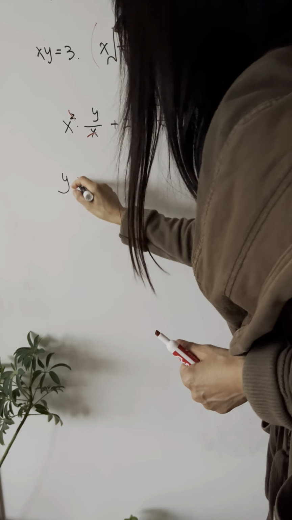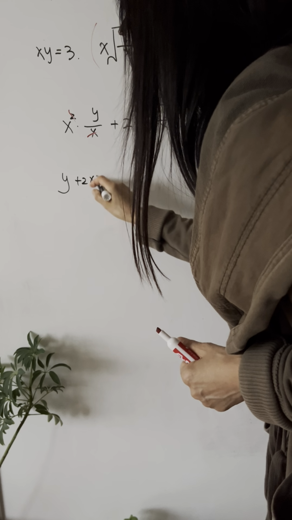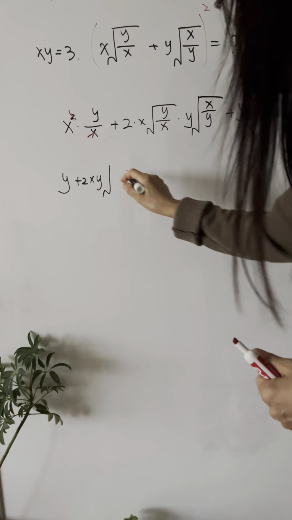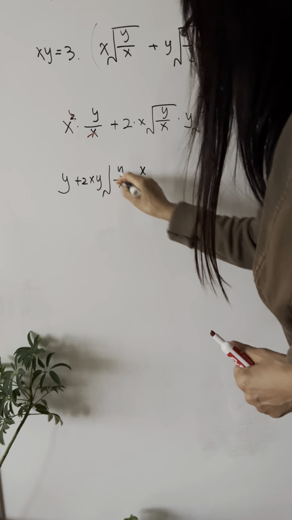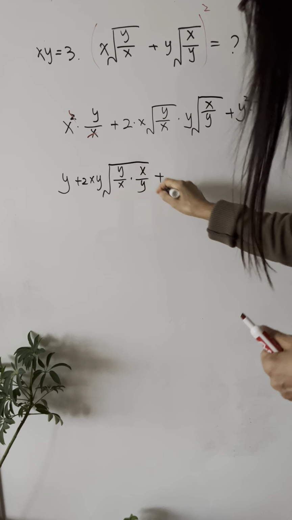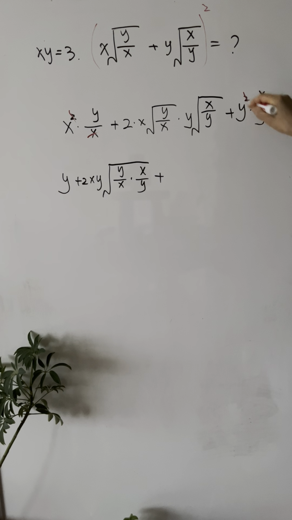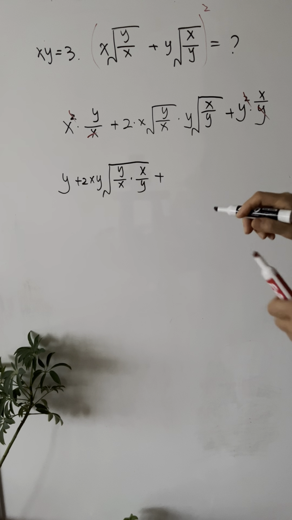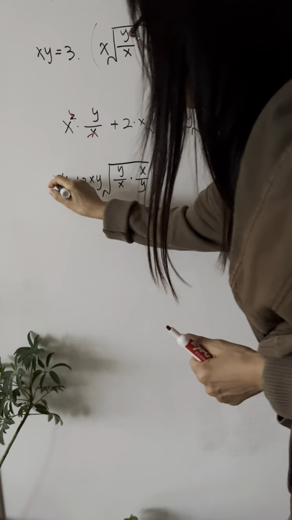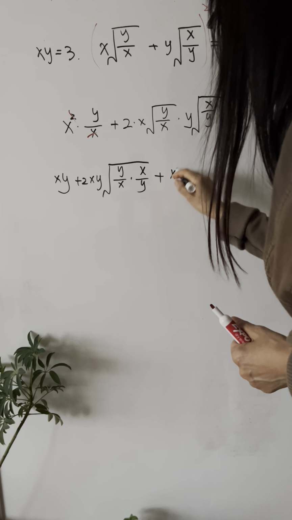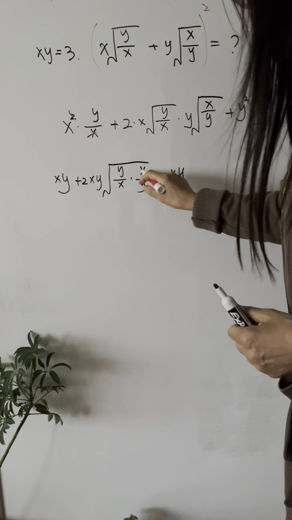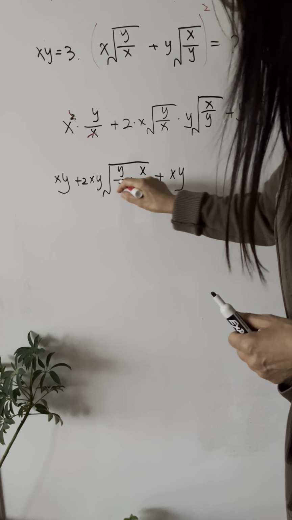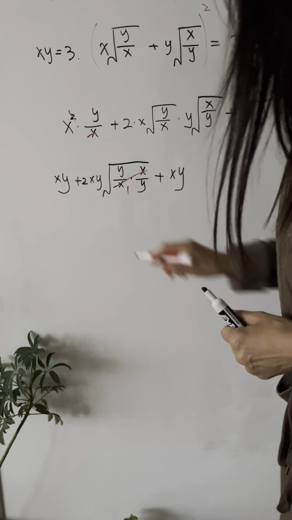So xy plus 2xy square root of y over x times x over y. Plus, same thing for those two, simplify to be xy, right.